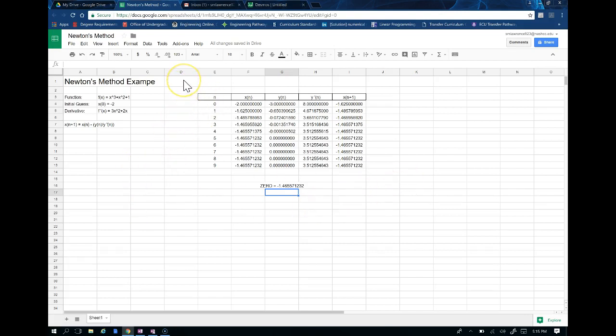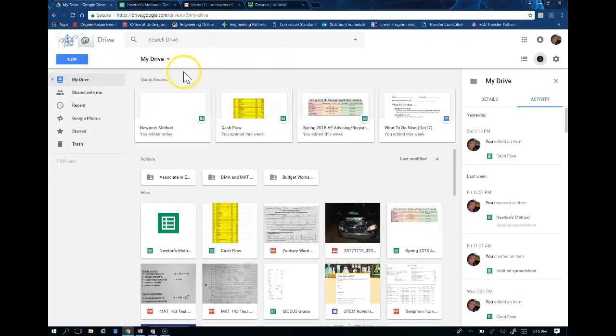So I am going to send each of you a function and an initial guess, and I would like you to create this same exact spreadsheet in Google Sheets. If you are in your email, you can click, and actually this is Google Drive.